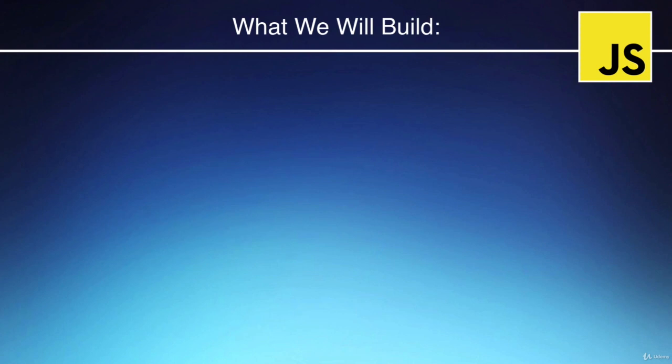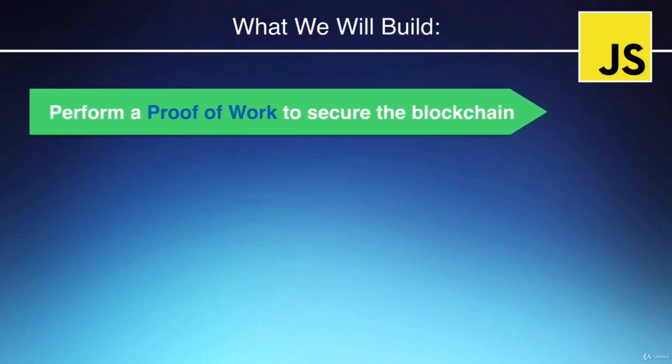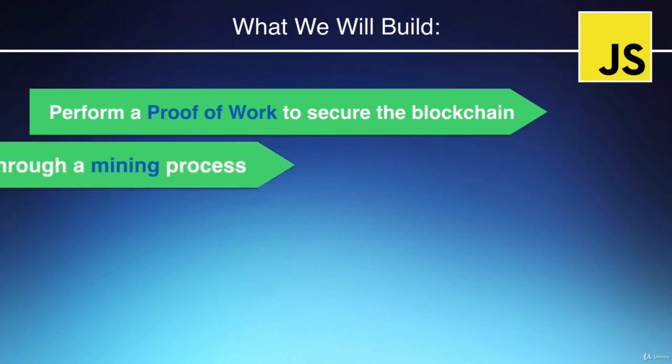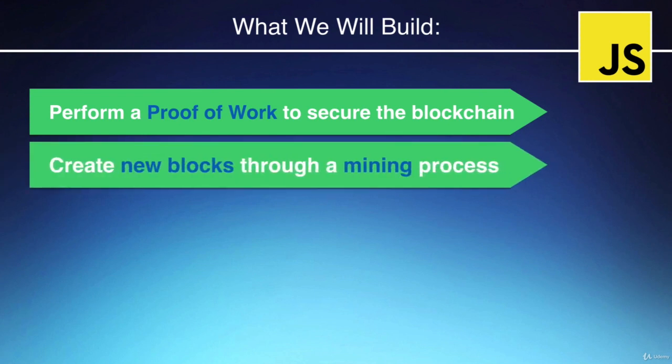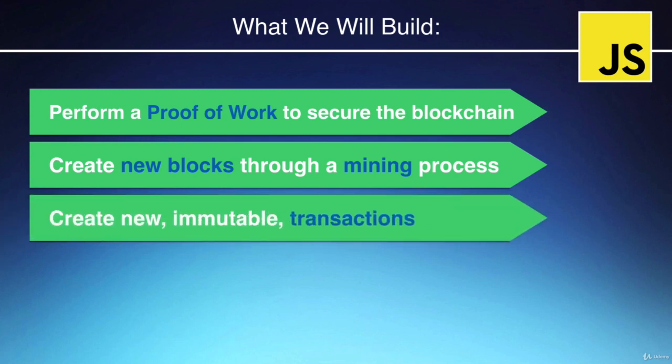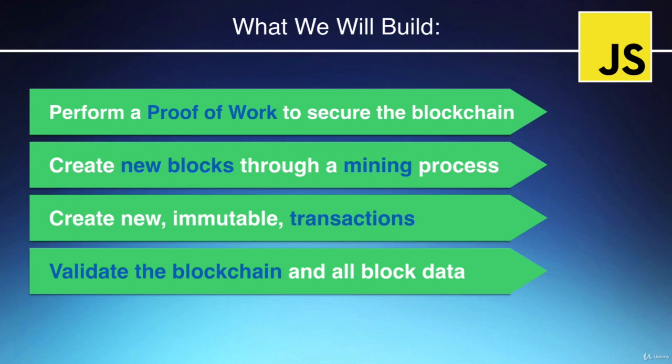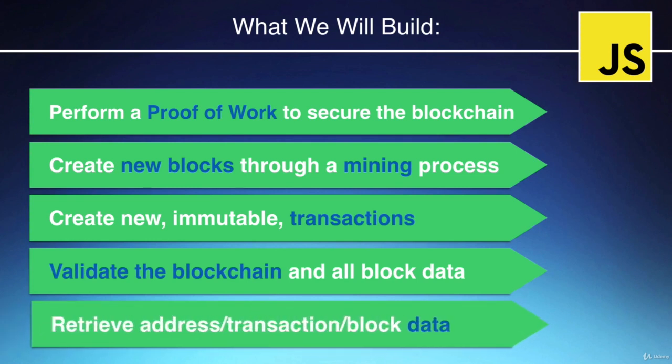Our blockchain will be able to perform a proof of work to secure the blockchain. It will also be able to create new blocks through a mining process, create new immutable transactions, validate the entire blockchain and all of the data within each block, retrieve address, transaction, or block data, and it will have many other important features as well.